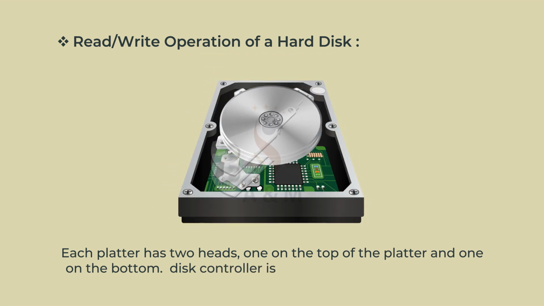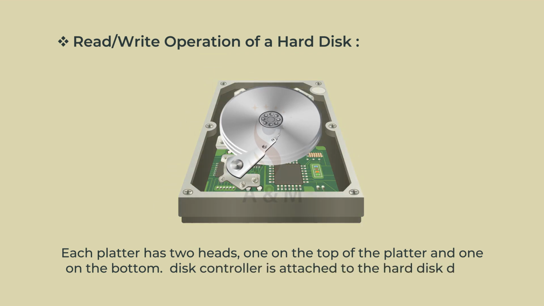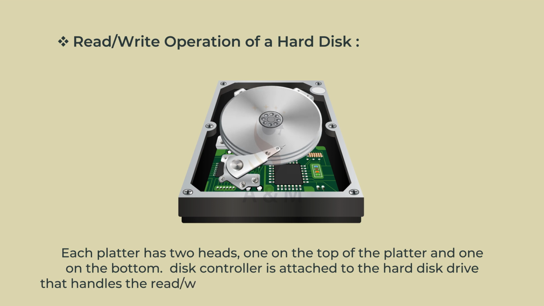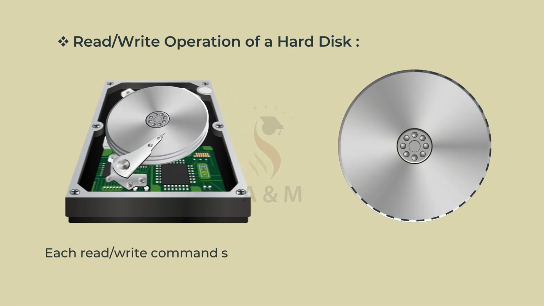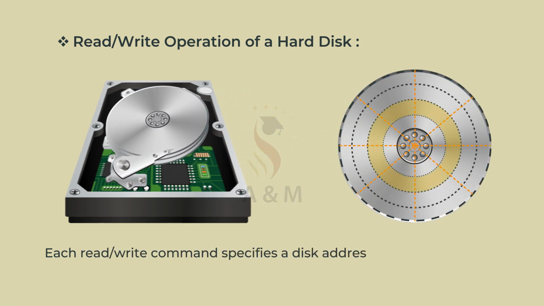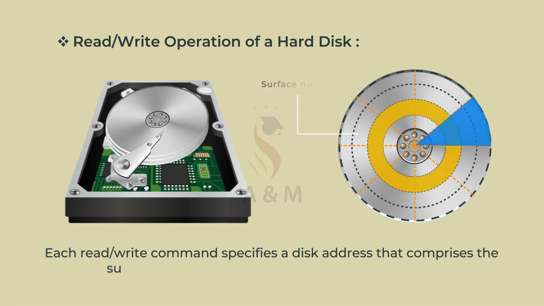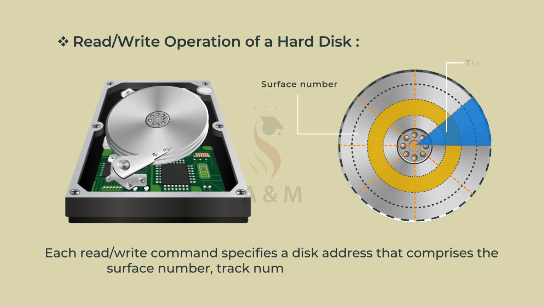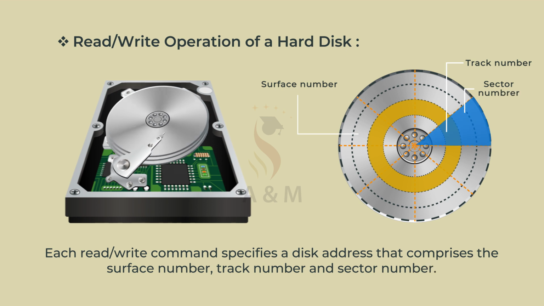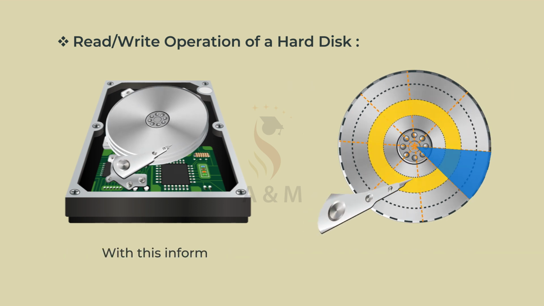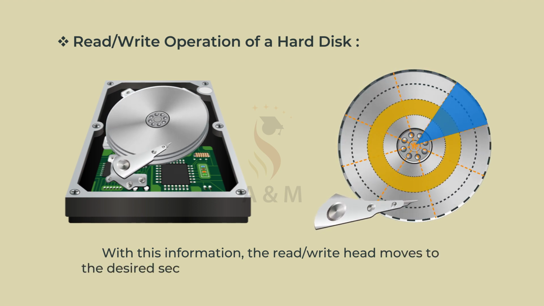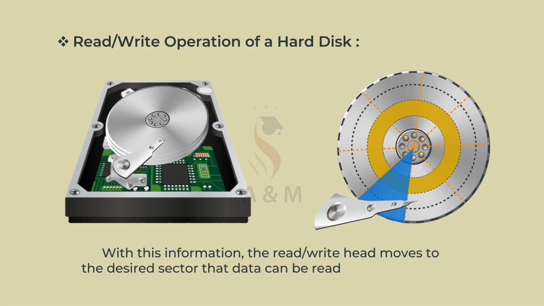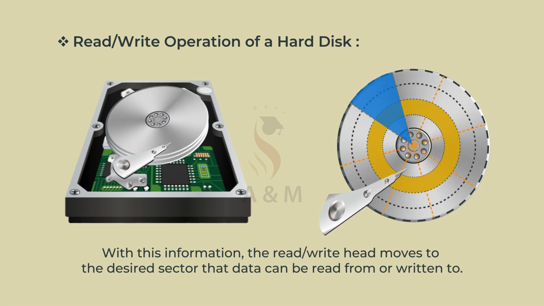A disk controller is attached to the hard disk drive that handles the read or write commands issued by the operating system. Each read or write command specifies a disk address that comprises the surface number, track number, and sector number. With this information, the read or write head moves to the desired sector that data can be read from or written to.